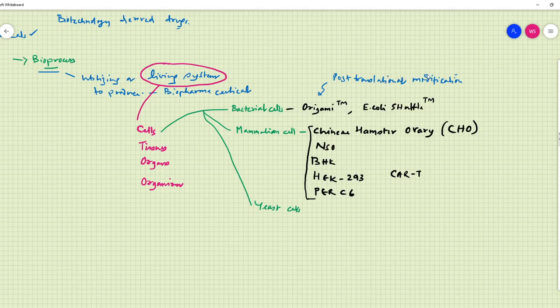After that, there can be glycosylation. So glycosylation is a post-translational modification. So if it's a protein that needs to undergo post-translational modification, then bacterial cells would not be the choice. Then what would be your option? Your option would be mammalian cells. Okay, so they can do post-translational modification. So that is why we have different cells. So depending on the protein that we want to express, our choice of cells would be different.